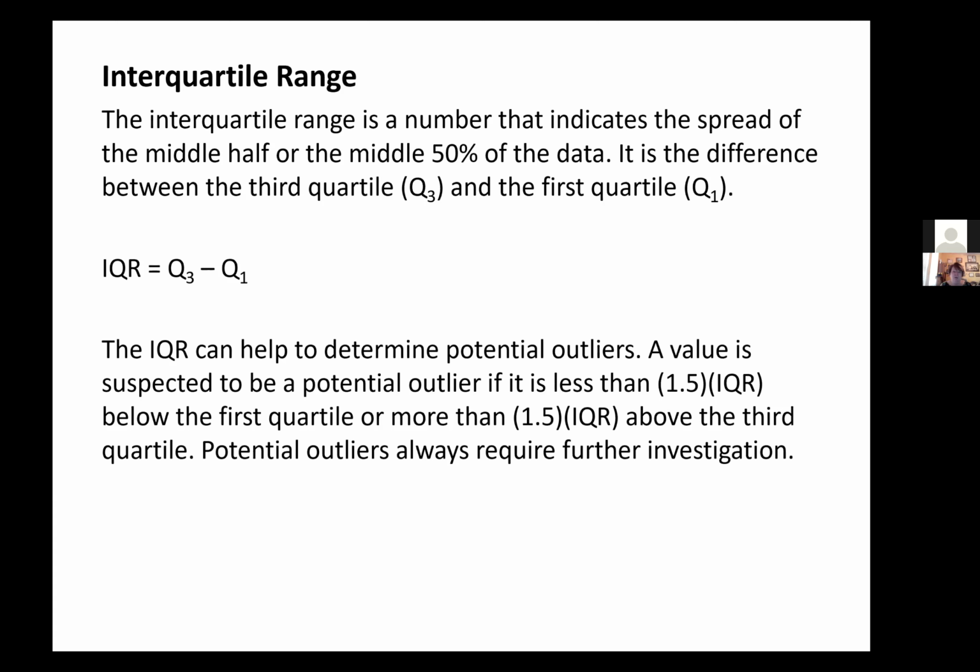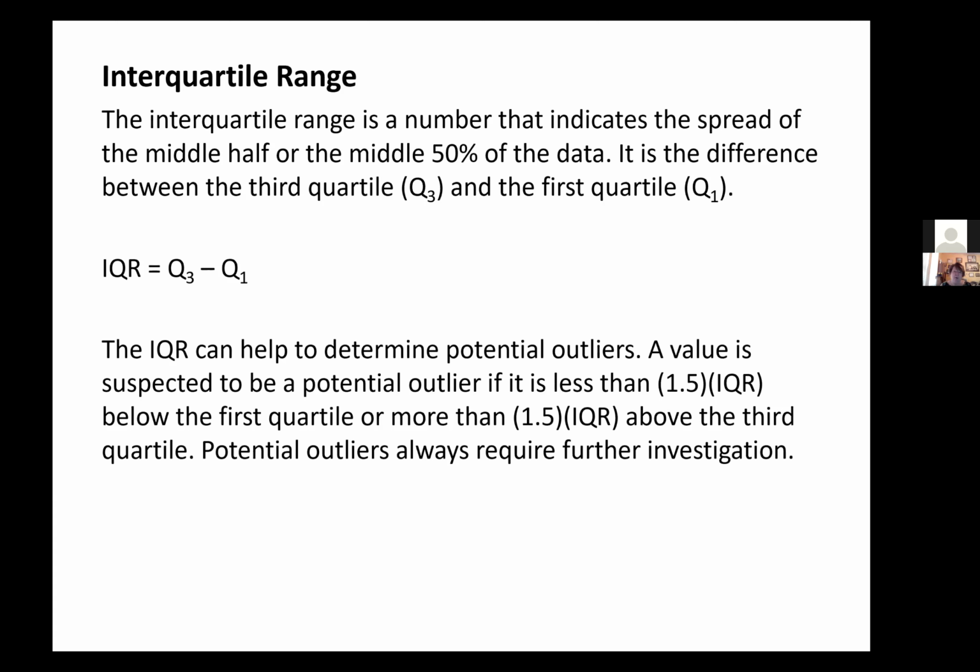Okay, anyway, so if we take that interquartile range and we multiply it by 1.5, if we take the first quartile and subtract 1.5 times the interquartile range, if we're below that number, then that's probably an outlier.